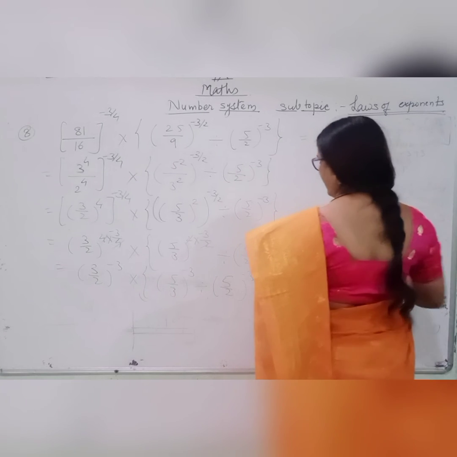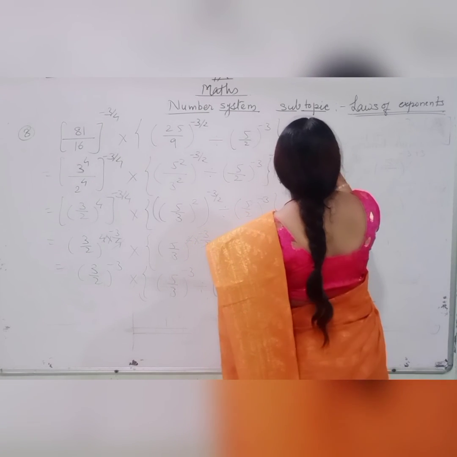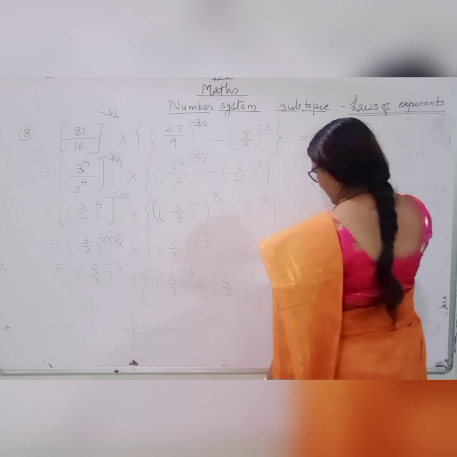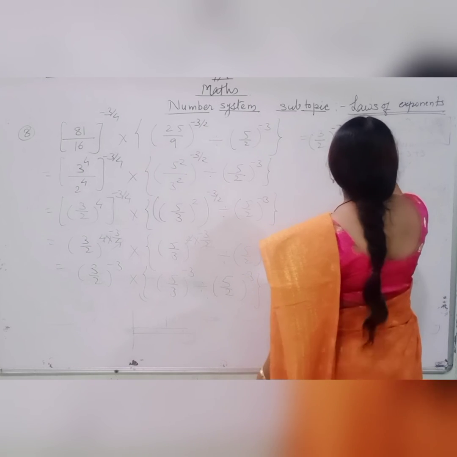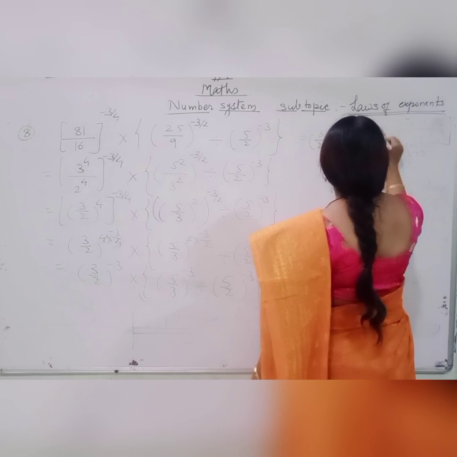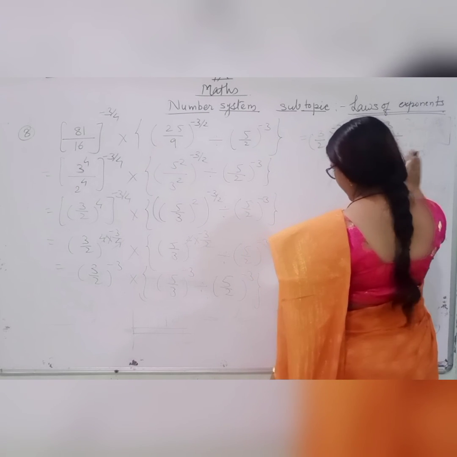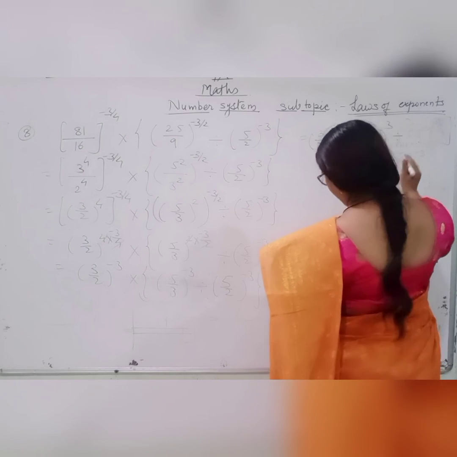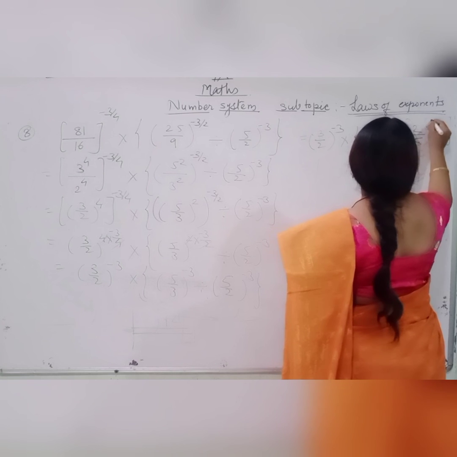is equal to (3 by 2) raised to the power minus 3, multiplied by (5 by 3) raised to the power minus 3, which means (3 by 5) raised to the power 3, divided by (5 by 2) raised to the power minus 3, or you can reverse it, (2 by 5) raised to the power 3.